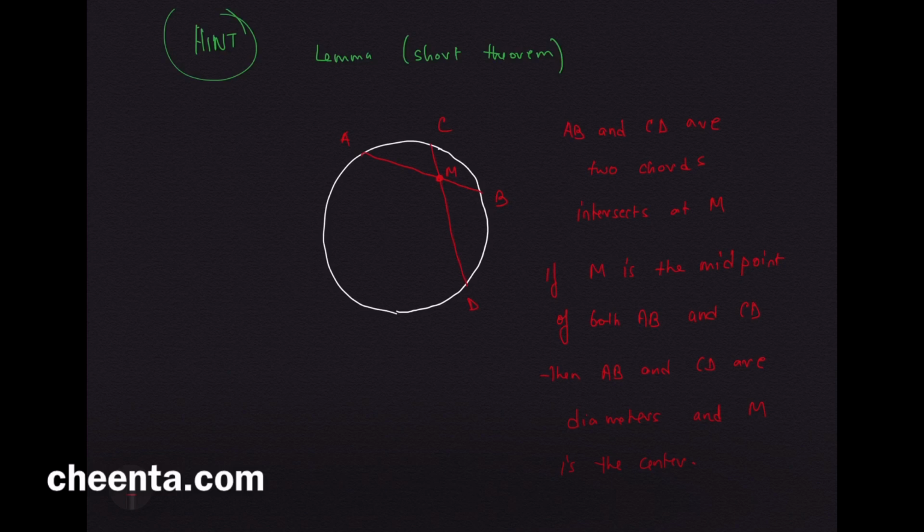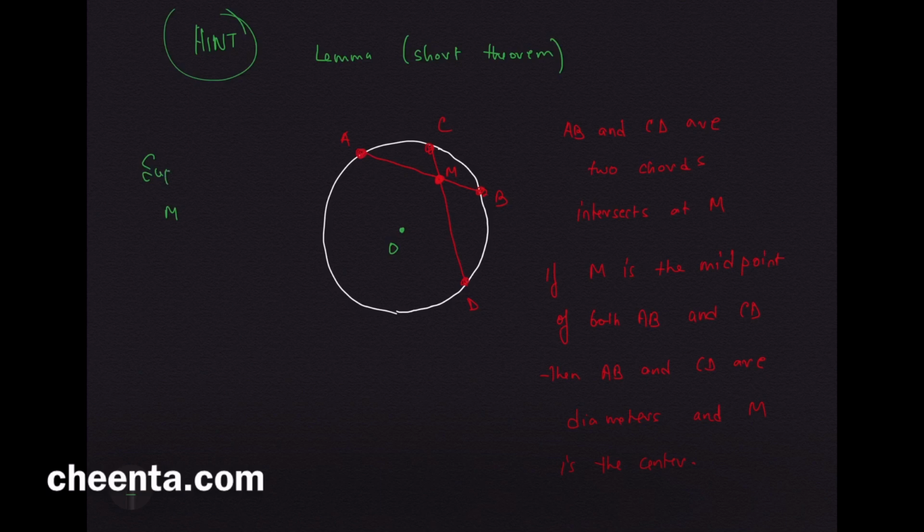Now, if we know that M is the midpoint of both chords AB and CD, then we know a lot of information about these chords. That they are the diameters of this circle, and M is in fact the center of the circle. So how can you show this? Well, I'll let you prove this, but I'll give you a construction. Suppose this point is O. Suppose M is not the center.